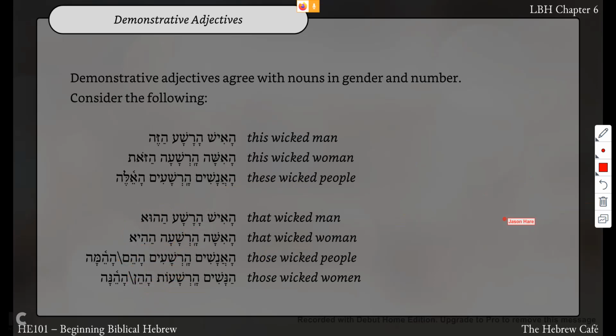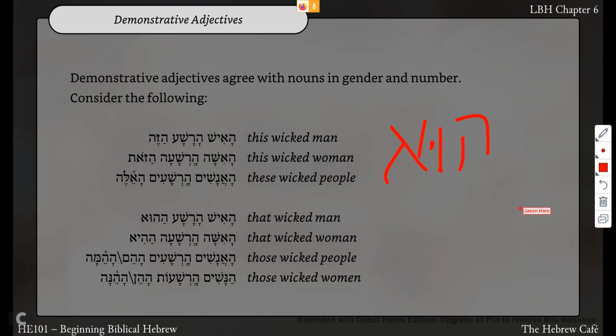So will the far demonstrative always have the definite article with it? Yeah, as long as it's functioning as a demonstrative adjective, when it's part of a noun phrase, it will. If you take that off and you say hu, then you're just pointing at something. Hu ish tov, he is a good person.